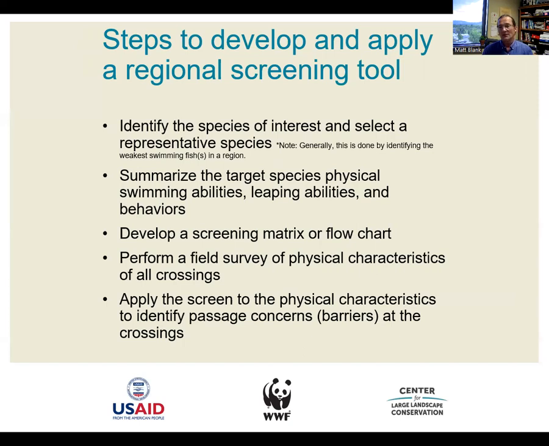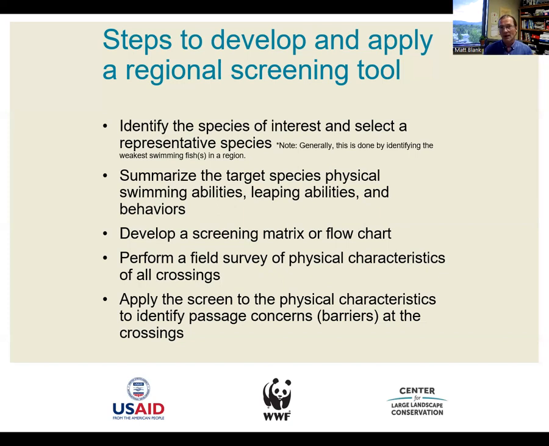From that, you develop a screening matrix. Then you take that matrix, and before you use it actually, you can go in and physically survey and measure all the physical characteristics of the crossing site in the nearby river or stream channel or wetland channels. And then you take that screening matrix and those physical measurements, and you apply the matrix using those measurements, and that identifies passage concerns you may have.